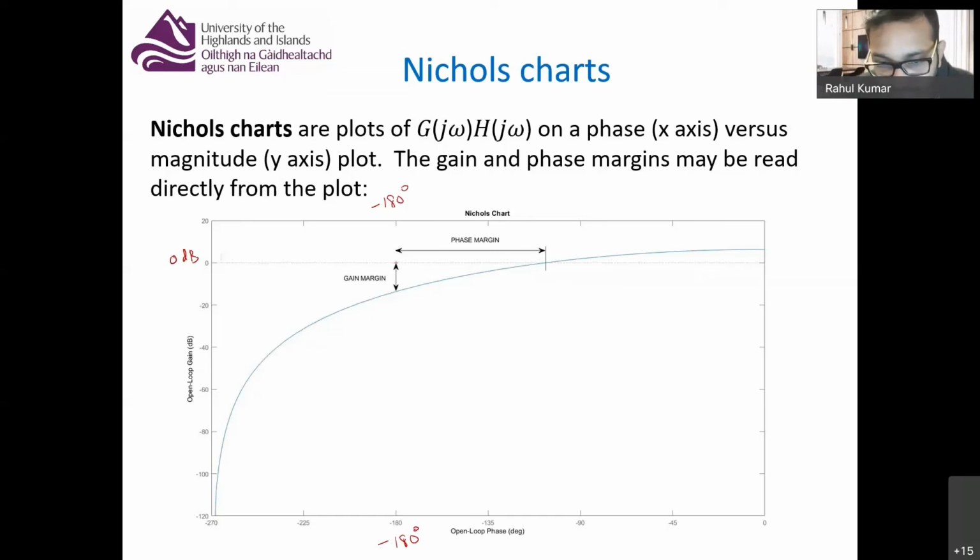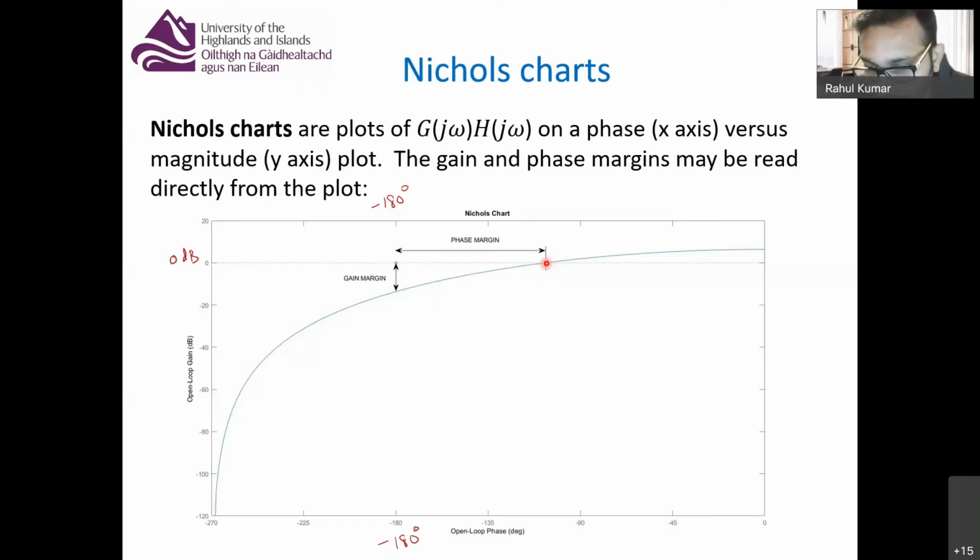From the Nichols graph, we first find the point where the Nichols chart crosses the 0 dB line. The 0 dB line is this dotted line. So it is crossing the Nichols chart at this point, right?